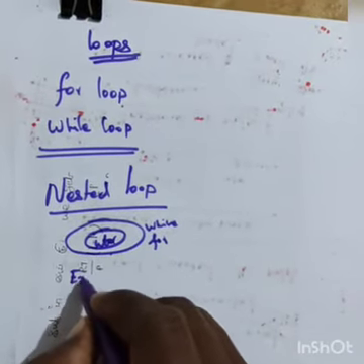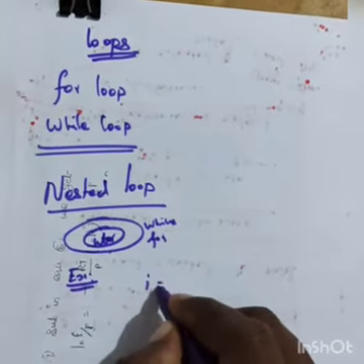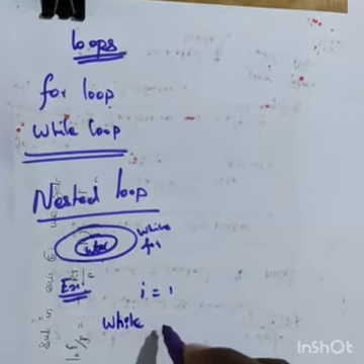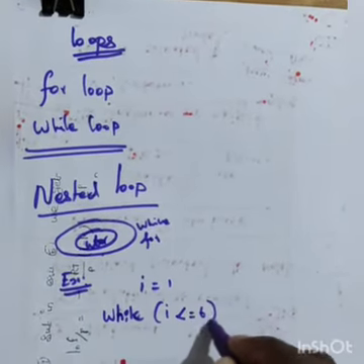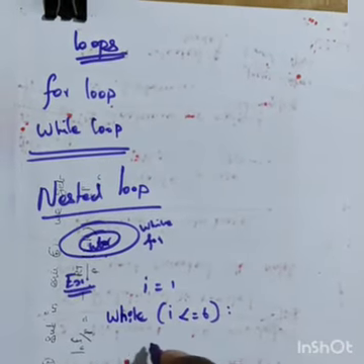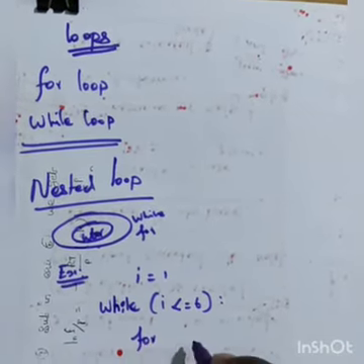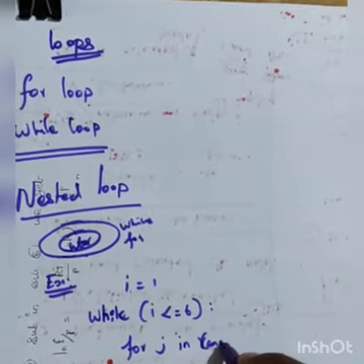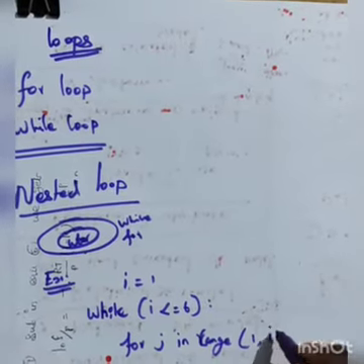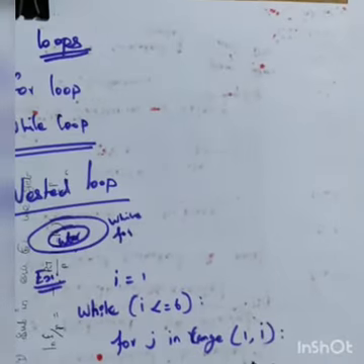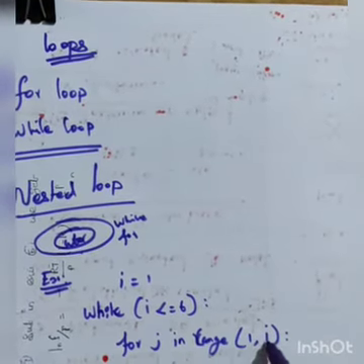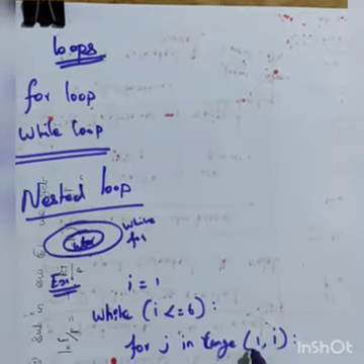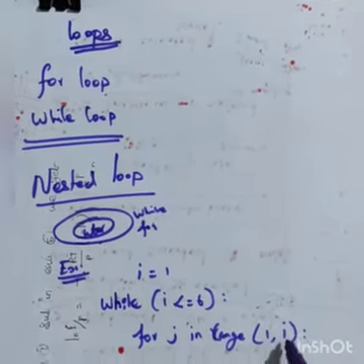See, one example I will teach you. i is equal to 1, while i less than or equal to 6 colon, for j in range bracket 1 comma i, then colon. 1 is the starting value, and i is the ending value.